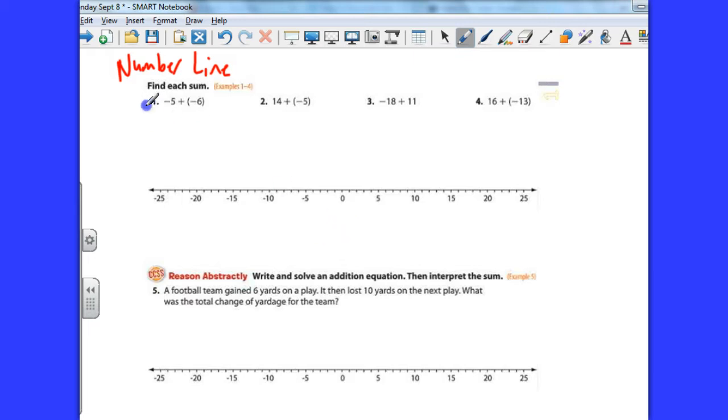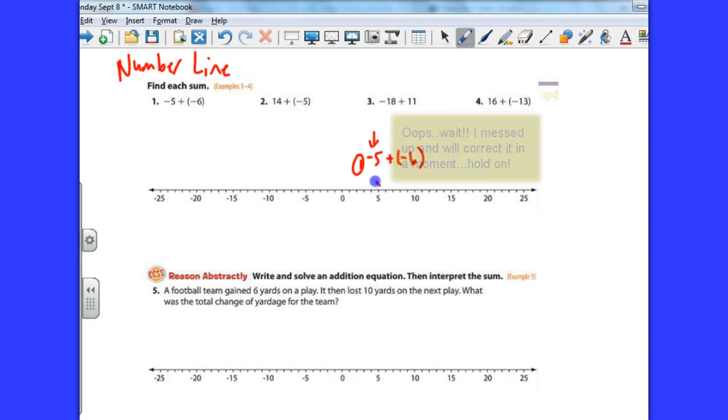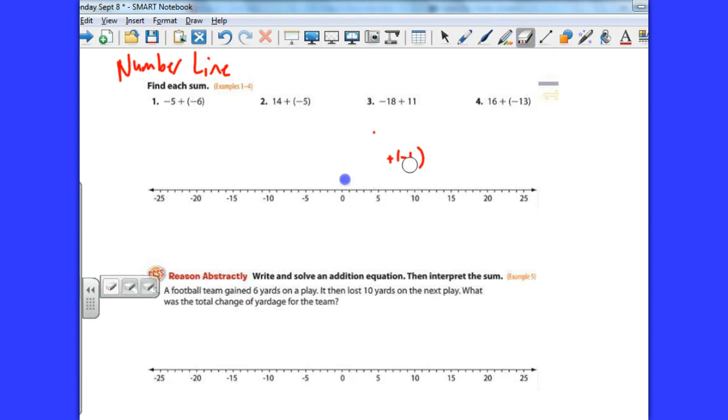Let's start at number 1, and let's show that above the number line, right above it. Number 1, let's copy it down, -5 plus -6. So we always start again at the first spot, which is -5. Oh, and I did that wrong. Erase that. Sorry. Go back over here to -5, which is here.